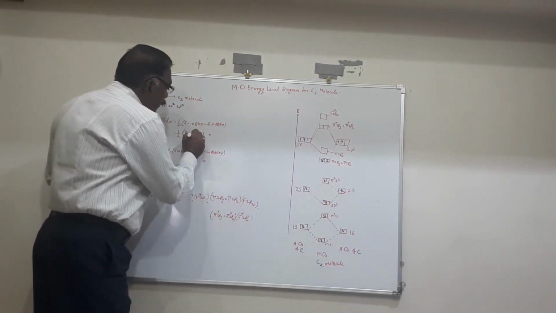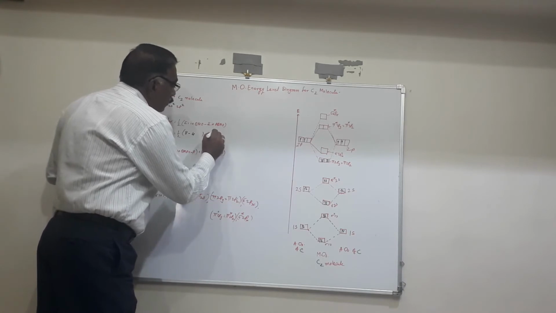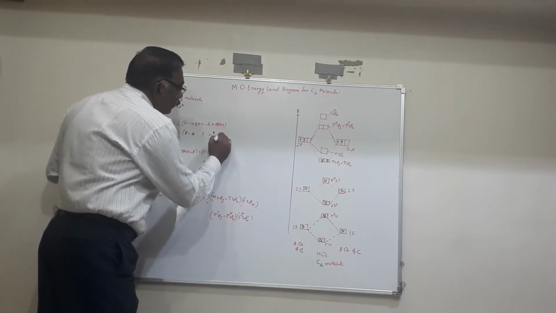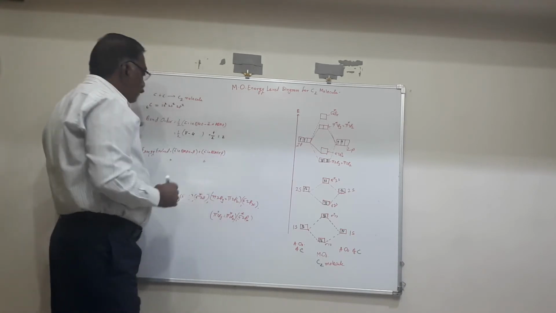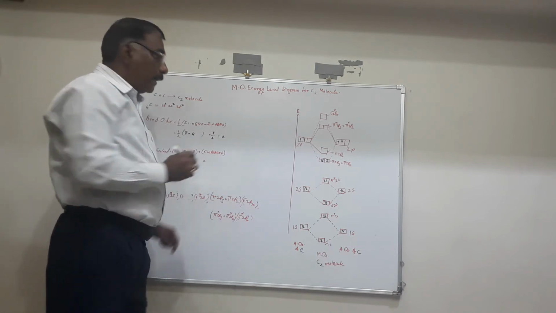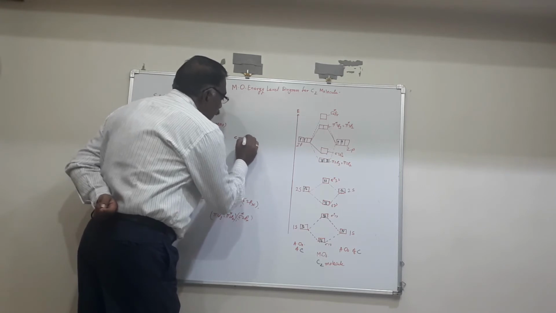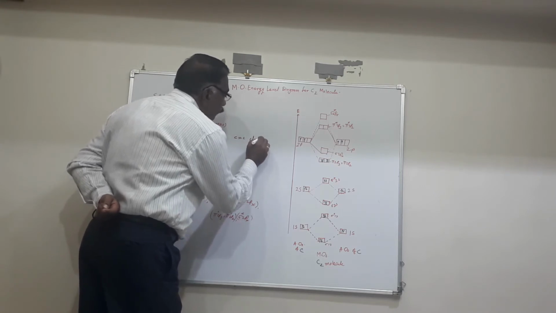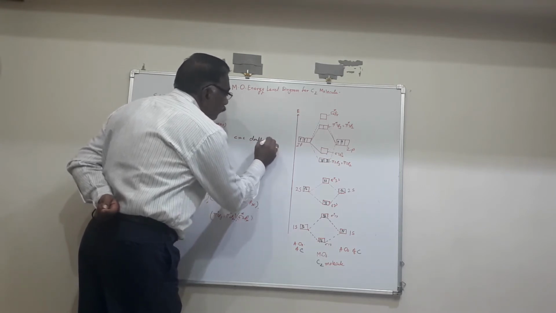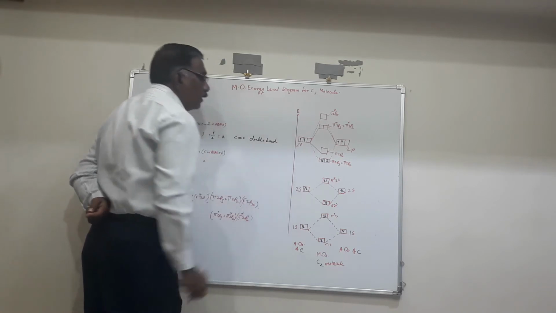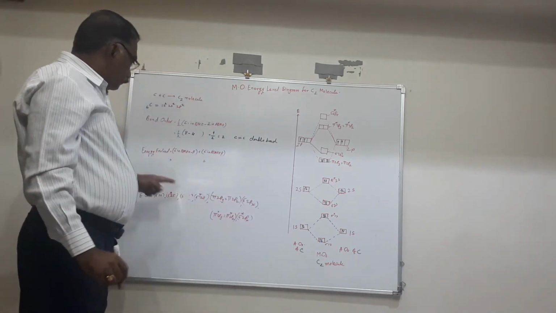So here there is 4, and 4 by 2 is equal to 2. This bond order is 2, it indicates that there is a double bond, a carbon-carbon double bond.